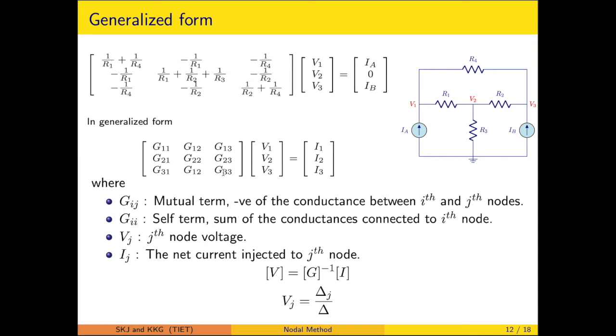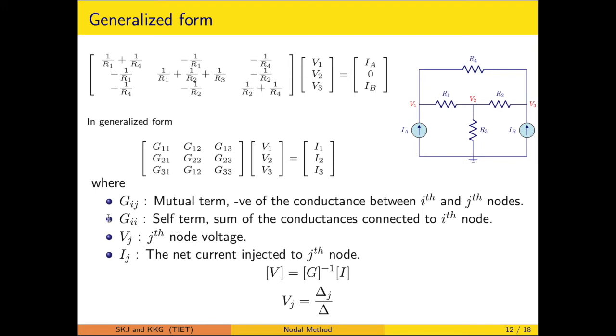Whereas G12 is the mutual term, which is the negative of the conductance between node 1 and node 2. So basically you can write this equation directly into the matrix form by inspection. The same process has to be repeated and so on.